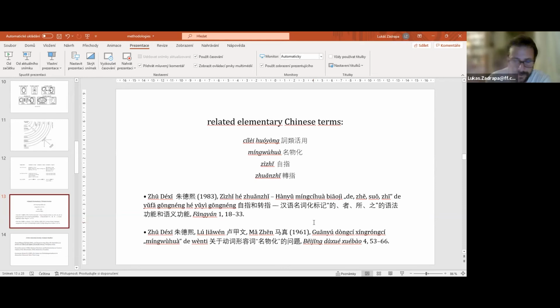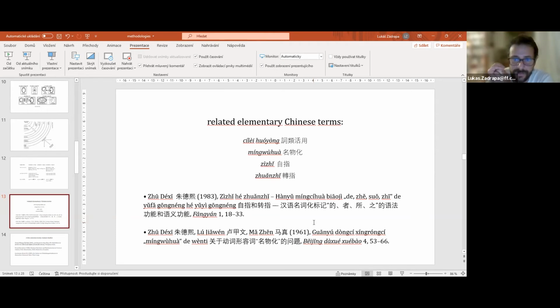So still, very often Chinese linguists draw on relatively old papers by, for example, Zhu Si and many others, Chinese structuralists from the 80s and 90s, let us say. But these concepts are very interesting, and again, I employ them as well.